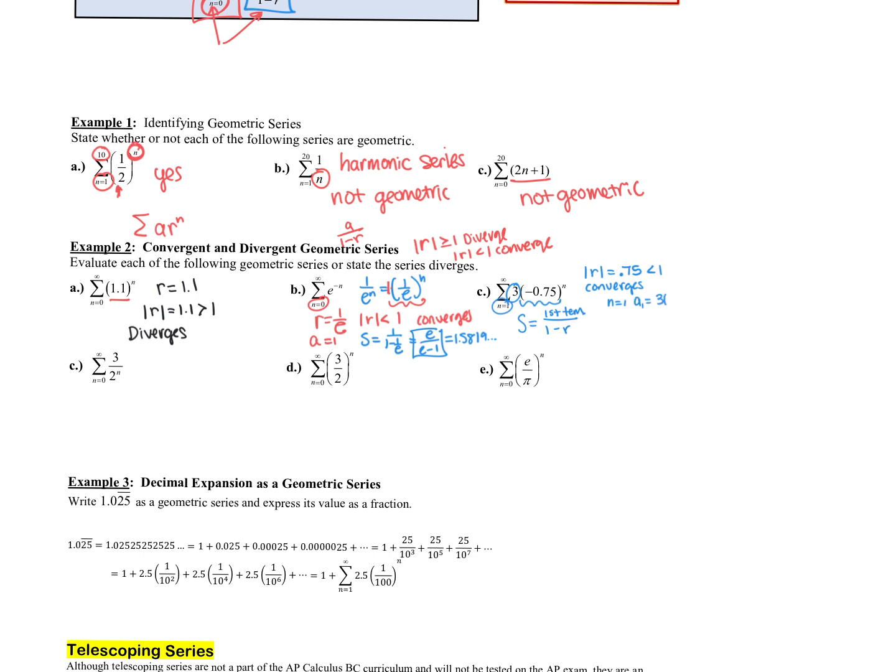That'll be 3 times negative 0.75 to the 1, over 1 minus r, which r here is going to be negative 0.75. And if we do that math, we'll get negative 9 over 7, which is about negative 1.2857, dot, dot, dot.